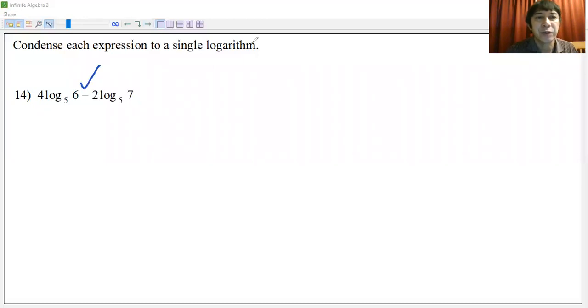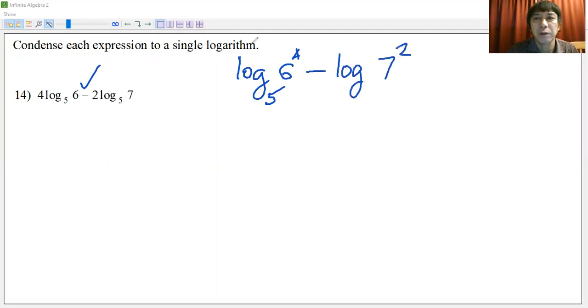So we can write this logarithm. Let's put the 4 as the exponent of 6 there, and this will still be base 5. Then we have minus, let's use the 2 now as the exponent of the 7, still base 5.